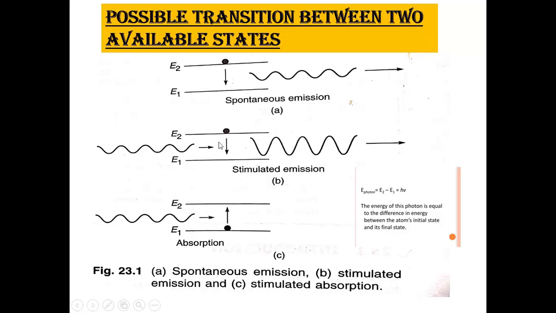Is that okay? So this particular transition is stimulated by a particular energy in the form of a photon or in the form of other things, in which the electron cannot go up but can come down to the ground state, and it is going to emit in such a way that you can see two photons: one which is incident on it, that will also come out, and another photon because of the difference between these two.